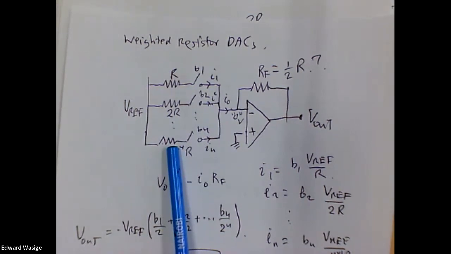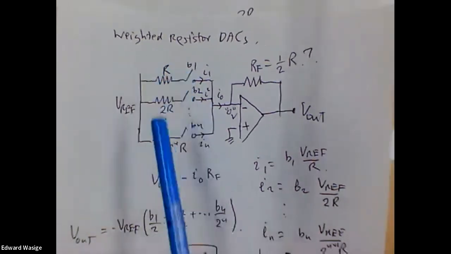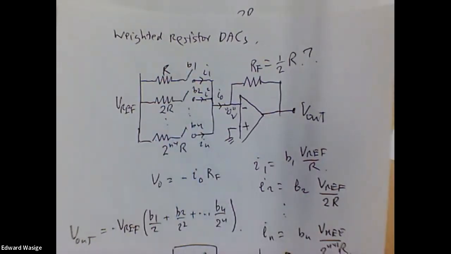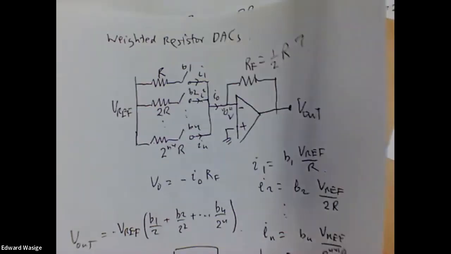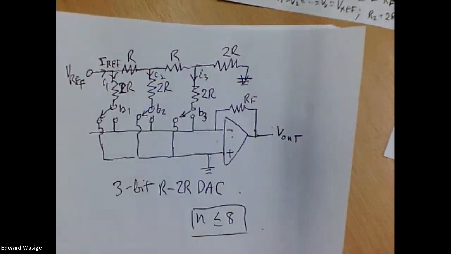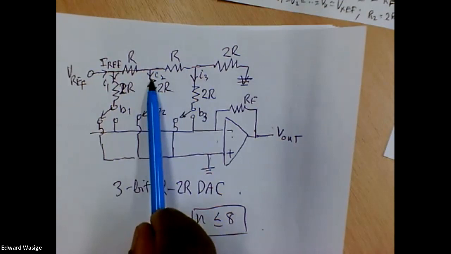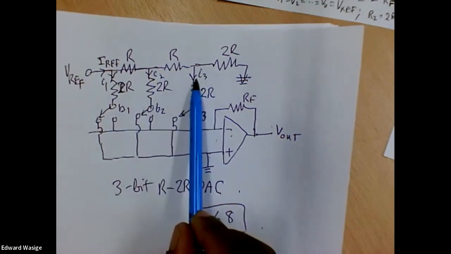For the different sizes, they'll take different size chip areas. And that means the accuracy of making the smaller resistor and the larger resistor will not be the same. And that's why this is a better implementation, because you only have 2 resistor values that you need to deal with. But nonetheless, the reference current divides by 2.